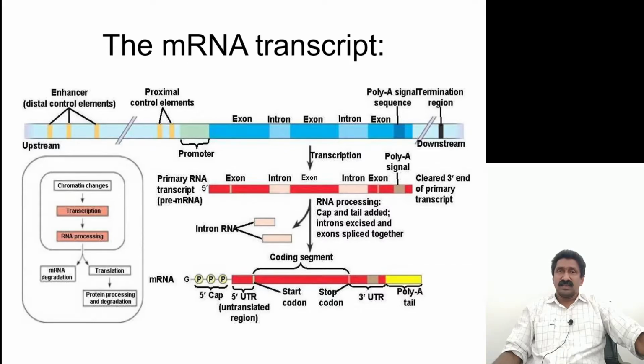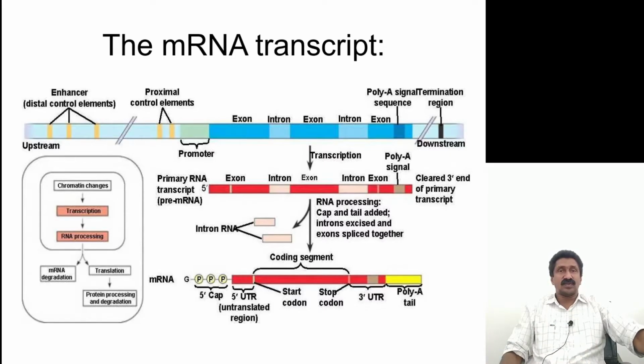This is a typical eukaryotic gene in which we have some enhancers or distal control elements present upstream, before the start of the gene. We will have upstream activator sequences or enhancer sequences or distal control elements. All these are different regulatory elements present in the eukaryotic gene. And these are proximal control elements, which will be present near the promoter region, and this is the promoter region.